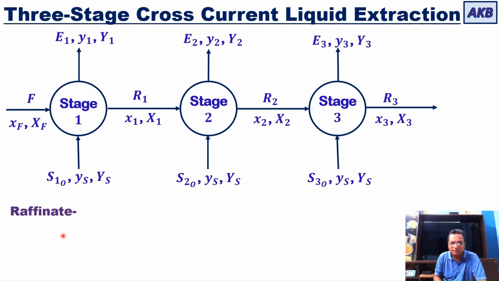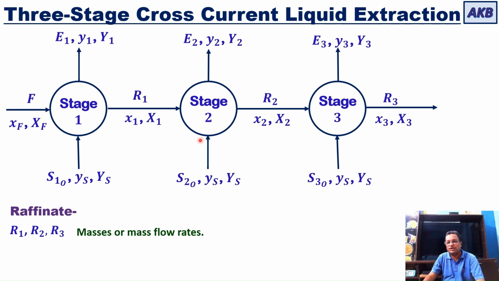Then the raffinate phase. You have raffinate phases coming out of each stage, R1 from stage 1, R2 from stage 2, and R3 from stage 3. So R1, R2 and R3 are masses or mass flow rates of raffinate that comes out from respective stages.